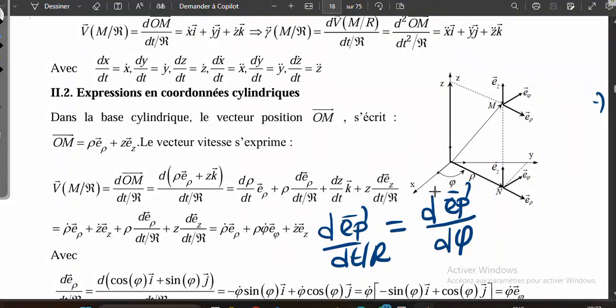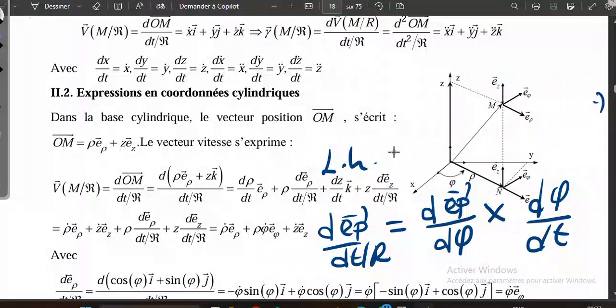So you convert this. You first write what you know. You know that the derivative of E rho with respect to phi is going to give me E phi. Then you multiply it with d phi over dt. If you look at the left hand side and the right hand side, you find that they are equal.